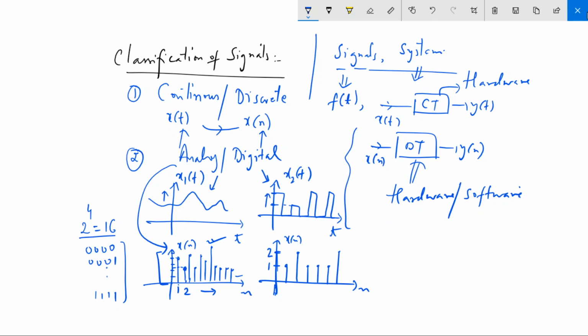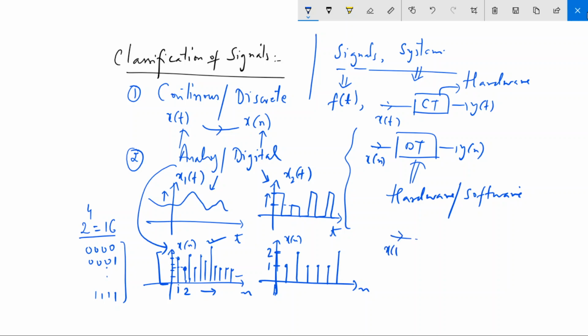Okay, and then this code goes into a digital signal processing system, and that processes it either in the form of hardware or software, and you get the output. So analog to digital converter in that case becomes an important interface. If you want to process analog signal using a digital system, you need an A to D converter.